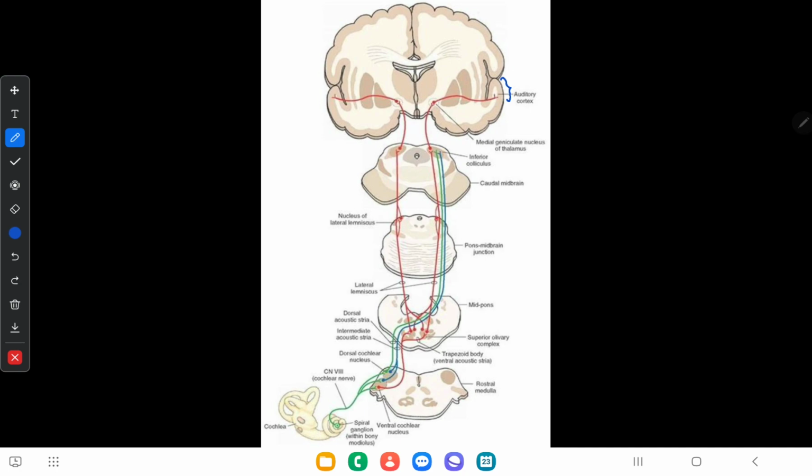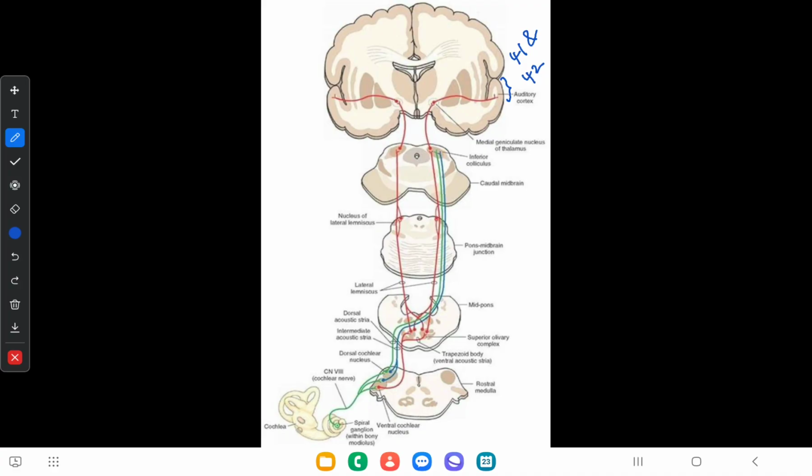The areas are 41 and 42 Brodmann areas, and it projects to the auditory association area or area 22 on the lateral aspect of the superior temporal gyrus as well. The auditory area receives impulses from both cochleae.